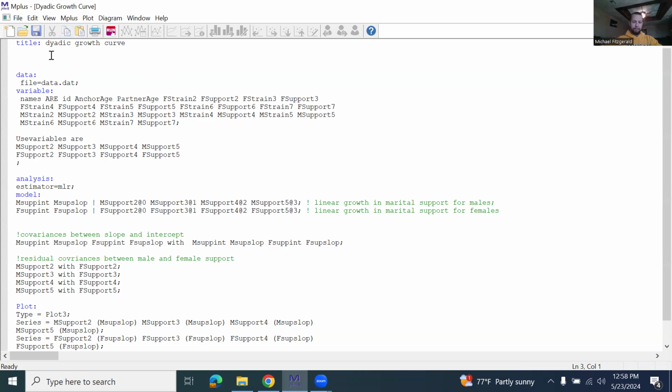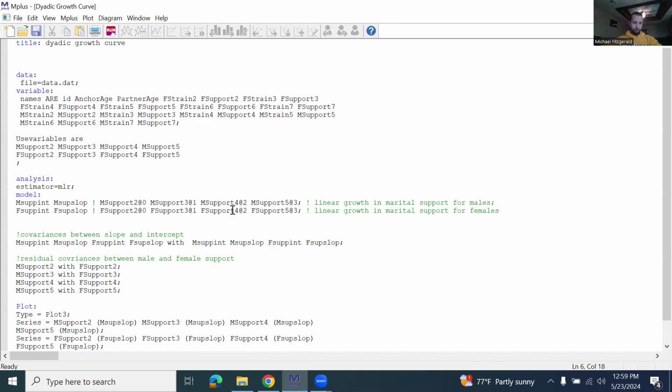You can use the title for whatever kind of notes you want to make within your analysis, so when you return to it after not working on it for however long, you don't have to catch yourself up.